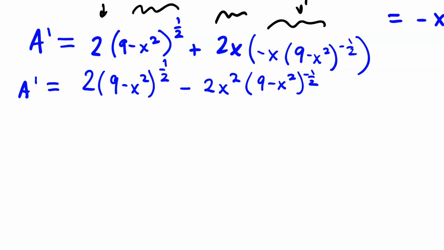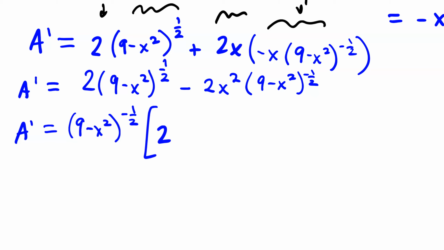What if I pull out a 9 minus x squared to the negative 1/2 power? What I'm left with is 2 times 9 minus x squared to the 1/2 minus negative 1/2, so that's actually adding 1. So this turns into 9 minus x squared to the first power, and then minus 2x squared.